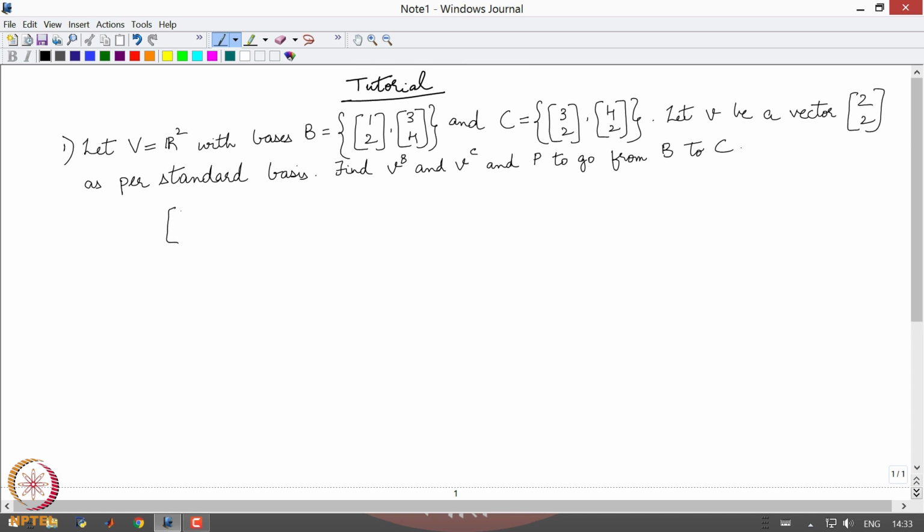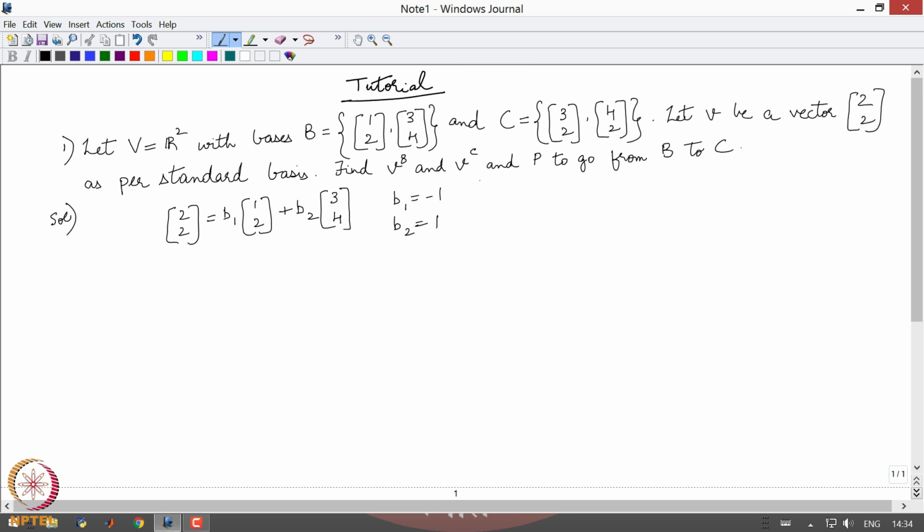So, I can write (2, 2) as a linear combination of the basis B. So, I will say b1 times (1, 2) plus b2 times (3, 4), where b1 and b2 are the coordinates of v with respect to the basis B. Now, we can find b1 to be minus 1 and b2 to be 1.